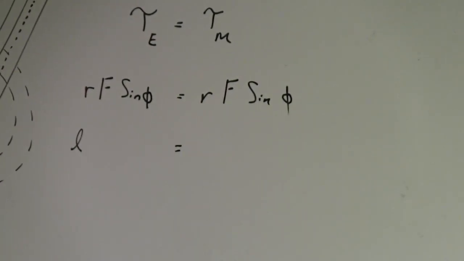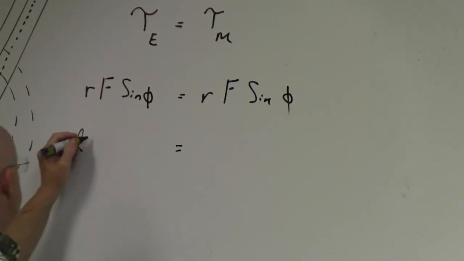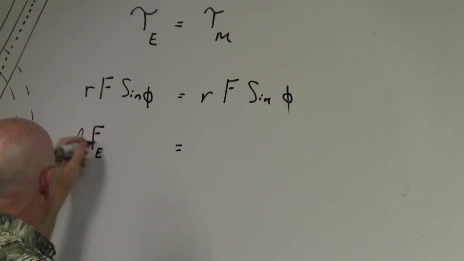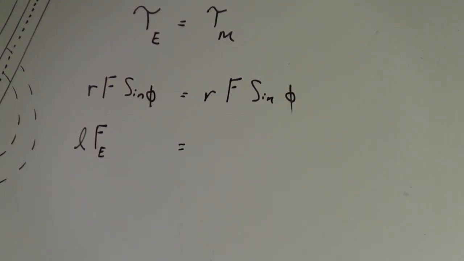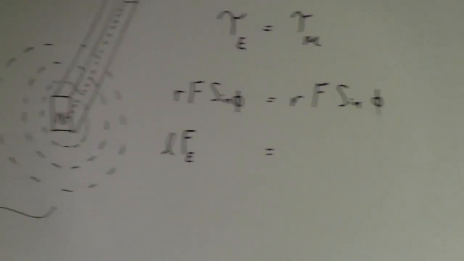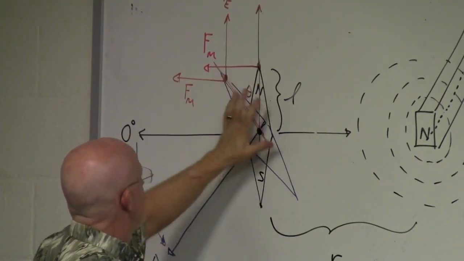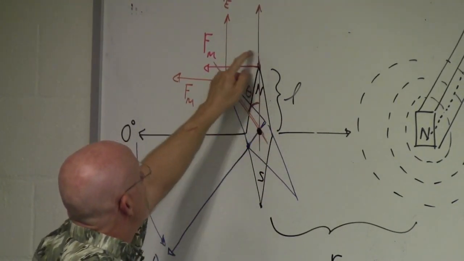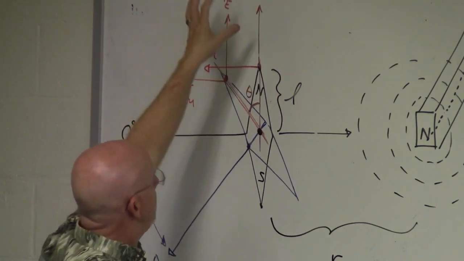Okay. Now, the F is the force I get from the Earth's magnetic field. And I hope it seems reasonable to you. I didn't say this, but as the compass turns, this compass is so small that when it turns, it really doesn't get any closer to the North Pole.